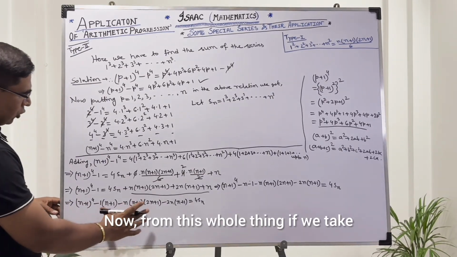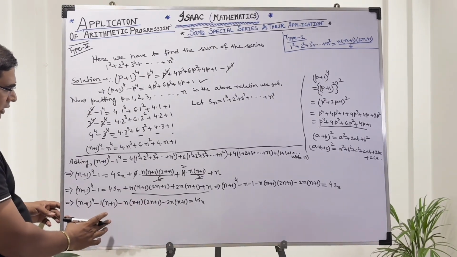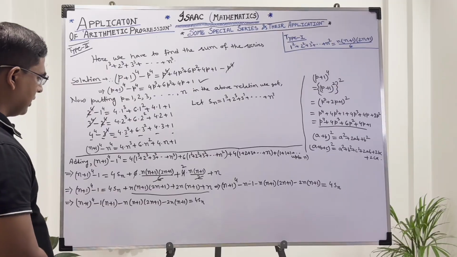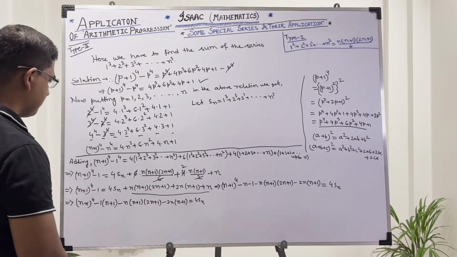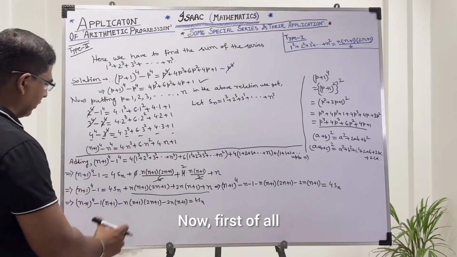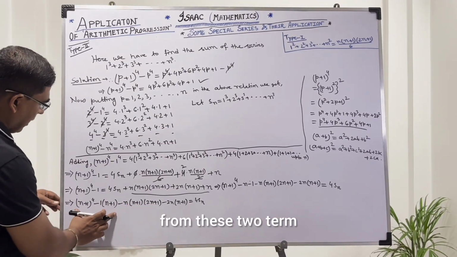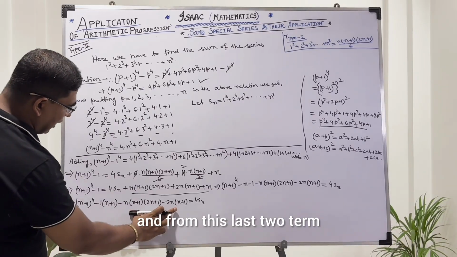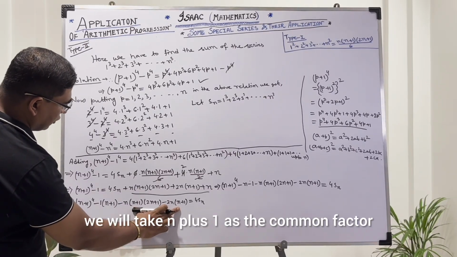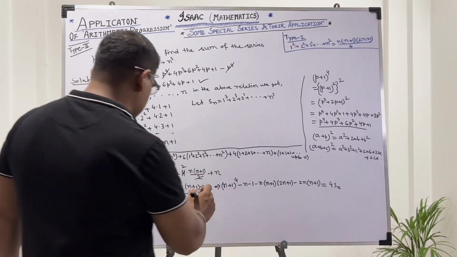Now from this whole thing, first of all, from these two terms we will take (n plus 1) as the common factor, and from the last two terms we will take (n plus 1) as the common factor.